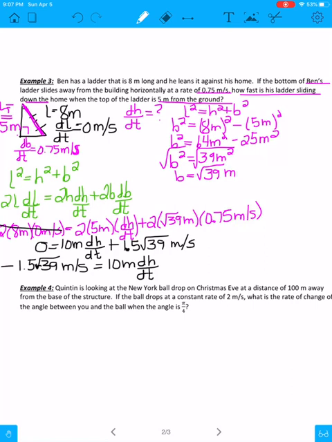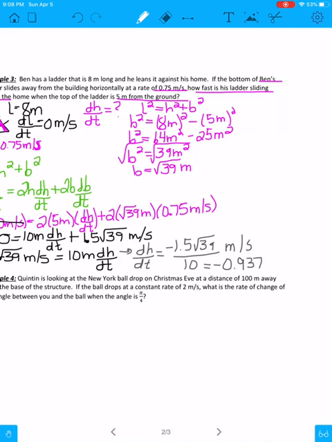So I'm going to get dH over dt equals negative 1.5 root 39 divided by 10, in meters per second, which is a really weird number, so I'm going to turn it into a decimal: 0.937 meters per second.